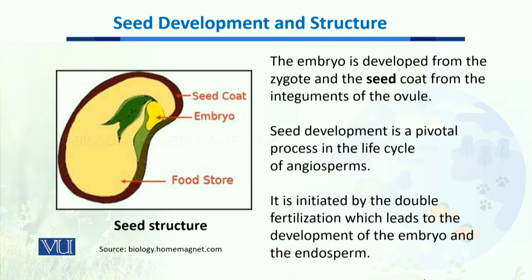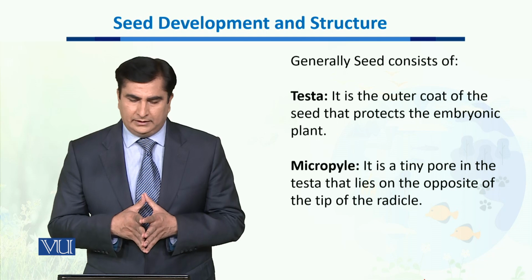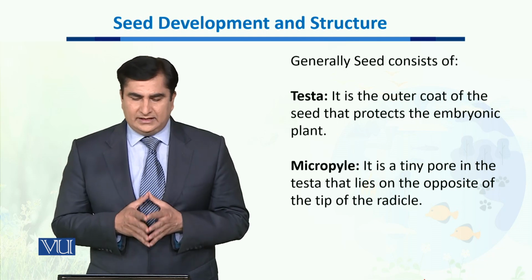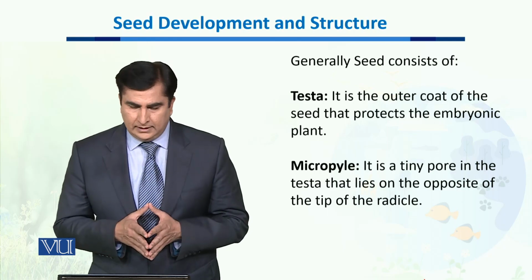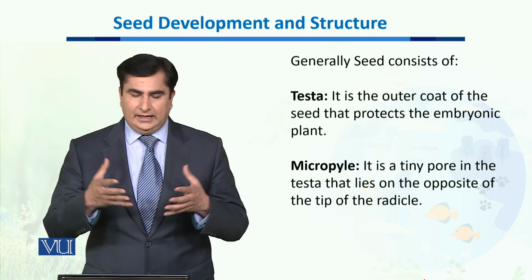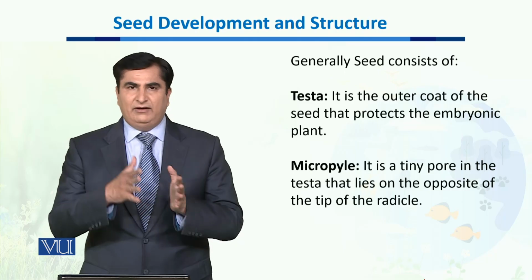Now, generally, when we talk about the seed, it consists of the following parts. One is testa. Testa is actually the thick, tough outer coat of the seed which protects the embryonic plant. Then we have micropyle.